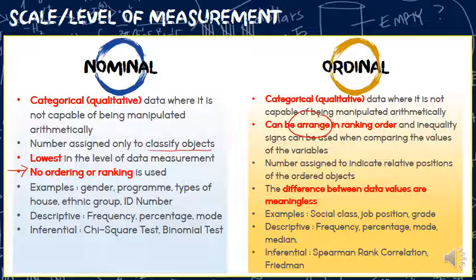Job position from CEO, senior manager, manager, and etc. When the variable dalam bentuk qualitative variable, tapi you boleh rank dia in ascending or descending order, dia adalah ordinal scale.